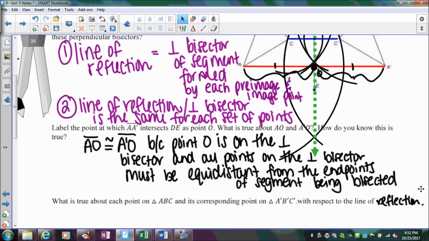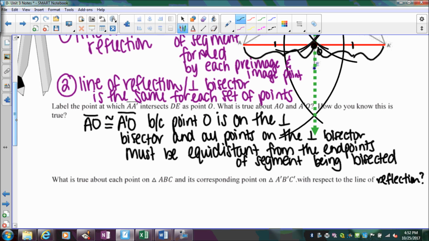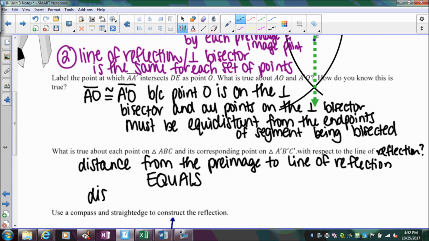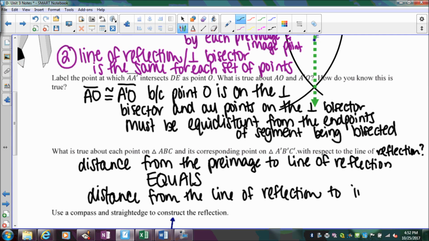Every single point: the distance from the pre-image, the starting point, to the line of reflection equals the distance from the line of reflection to the image.